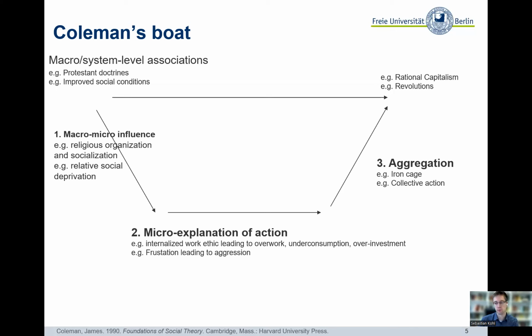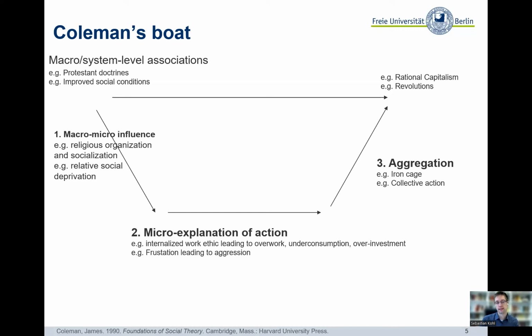For instance, in works like Why Men Rebel by Gurr of the 1950s and 60s, there was an important theory about why revolutions take place, where an observation was that paradoxically they often happened after social conditions actually had improved.